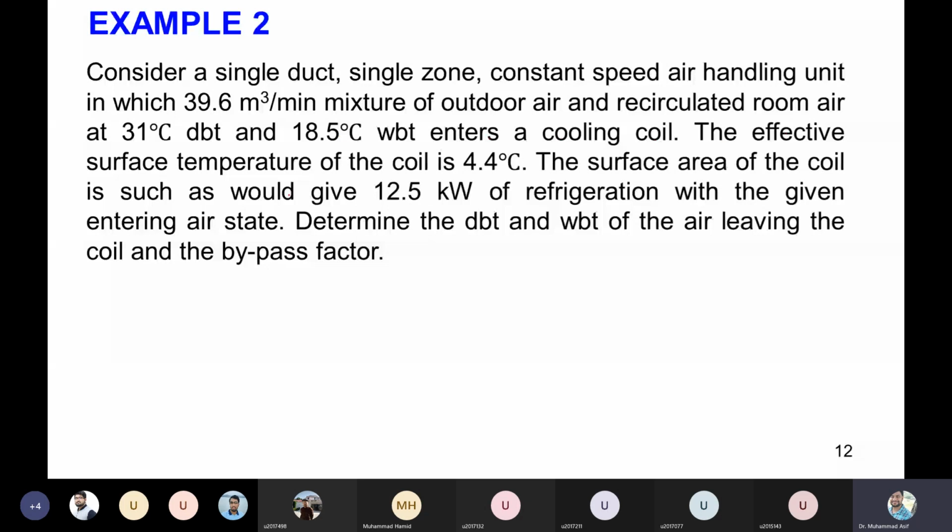The effective surface temperature of the coil is 4.4 degrees C. The surface area of the coil is such as would give 12.5 kilowatt of refrigeration with the given entering air state. Determine the dry bulb temperature and wet bulb temperature of the air leaving the coil, and what is the bypass factor, right? So this is the required.